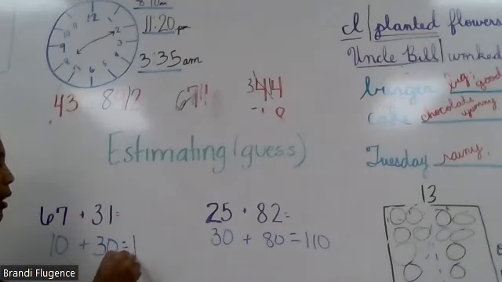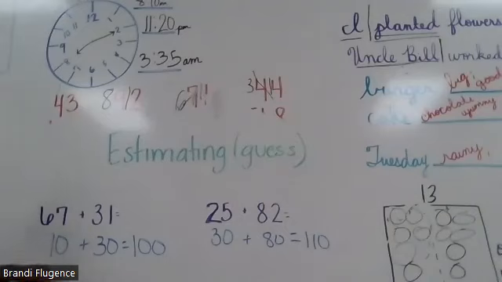So 70 plus 30 is 100. That means our answer for 67 plus 31 will be somewhere around 100. Let's add it. 7 plus 1 is 8, 98, right there.